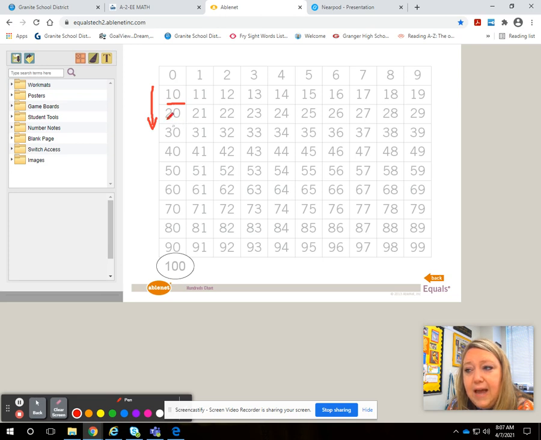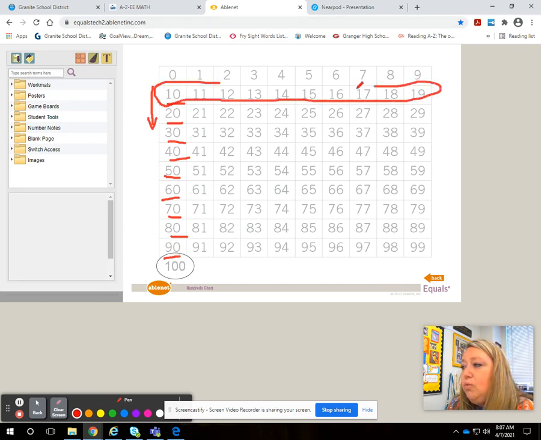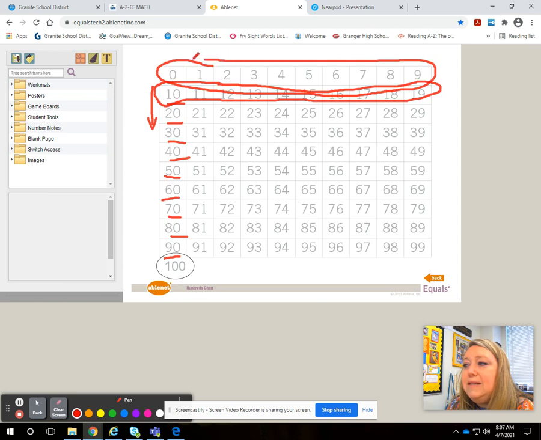So 10, 20, 30, 40, 50, 60, 70, 80, and 90. So each of these lines, this whole row, is one set of 10. So each row that I go down is a set of 10.